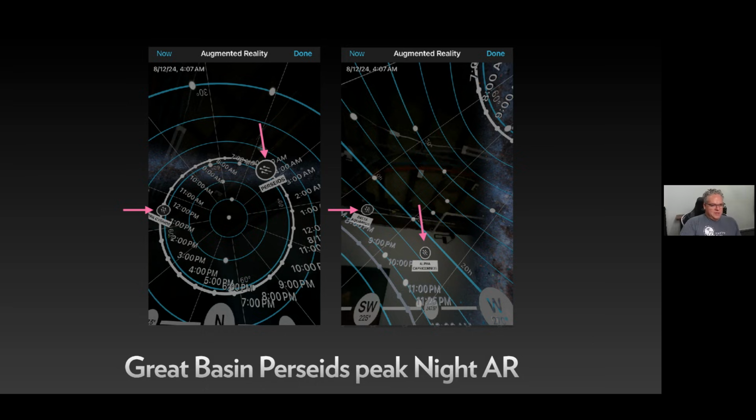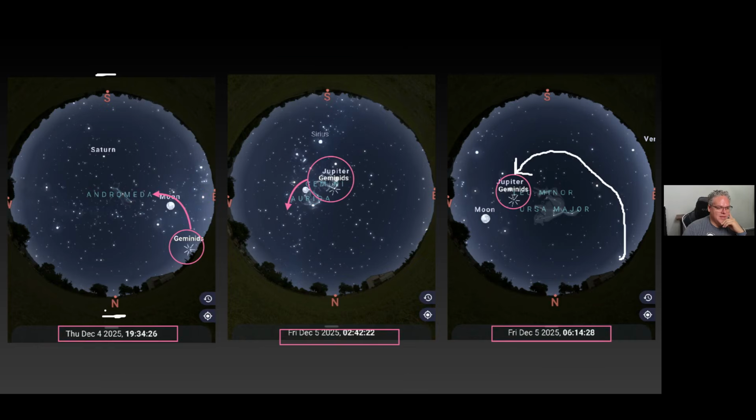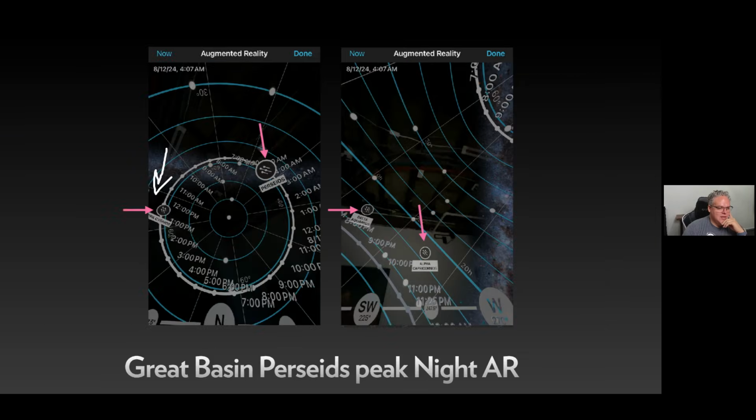This is in Great Basin, the peak with the night AR. You can see the Perseids also has another visitor. There's never only just one meteor shower happening at the same time. There's some debris. I hate to say never, but most of the time there's more than one meteor shower, and one of them is dominant usually.